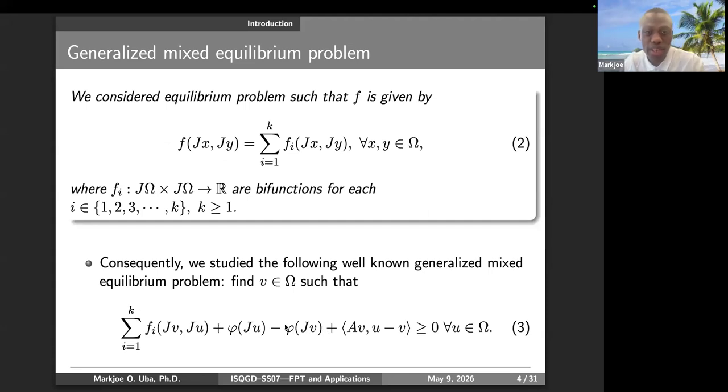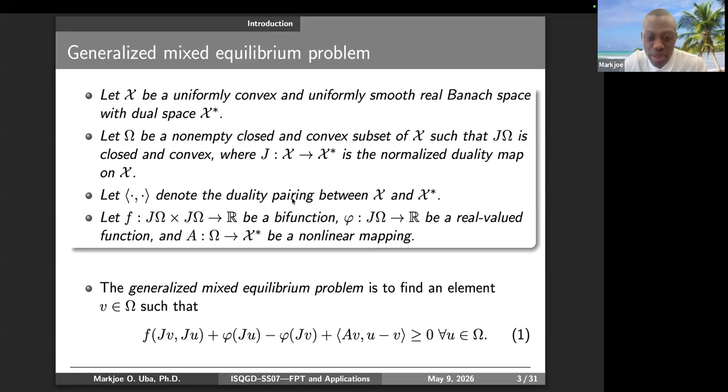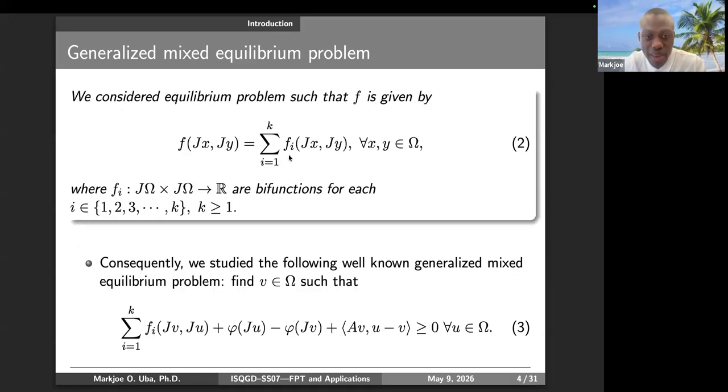So in this work, what we did is to consider a finite family of bifunctions. So our F is not just one function. We considered a finite family of these functions, Fi.